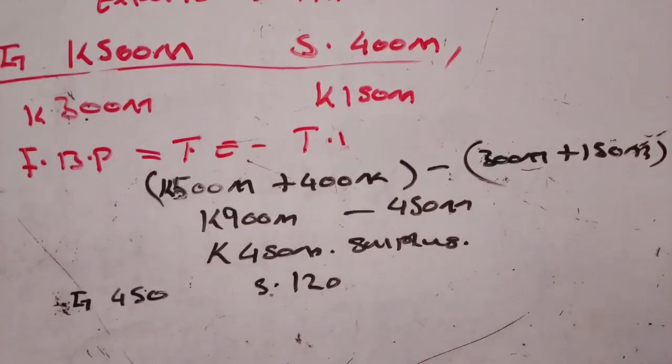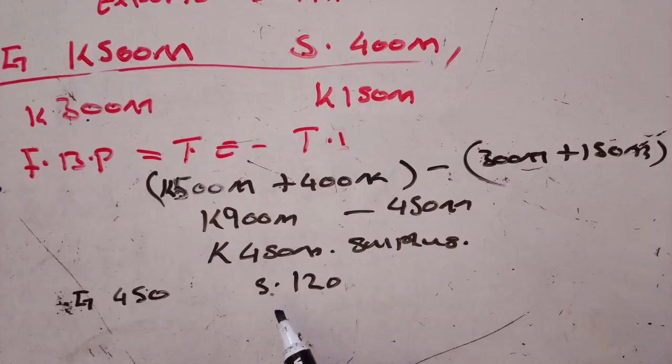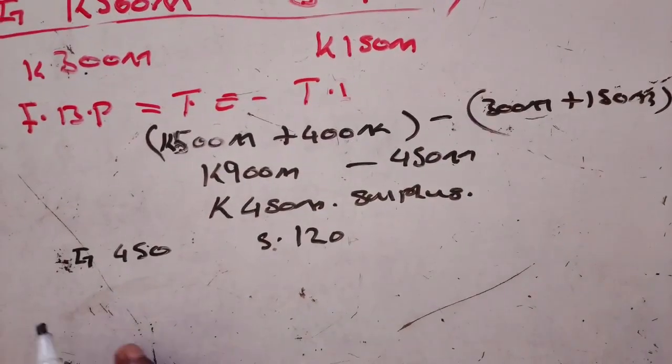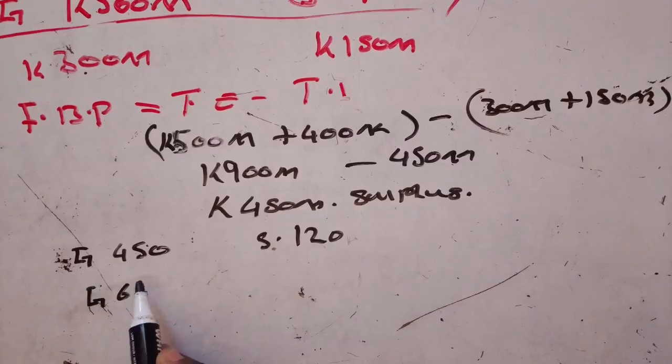Okay, so we have goods exported with 450 and services exported with 120. We also have goods imported with 600. So these are goods imported. We have 600 and this is million.